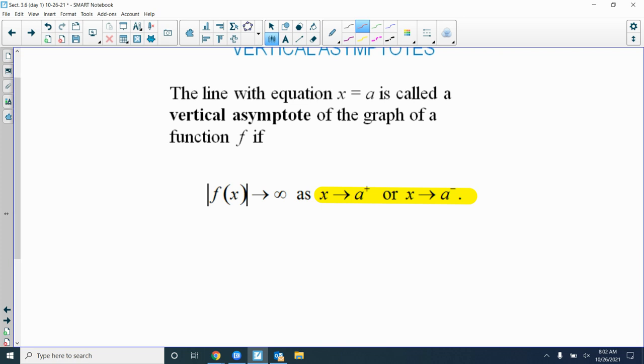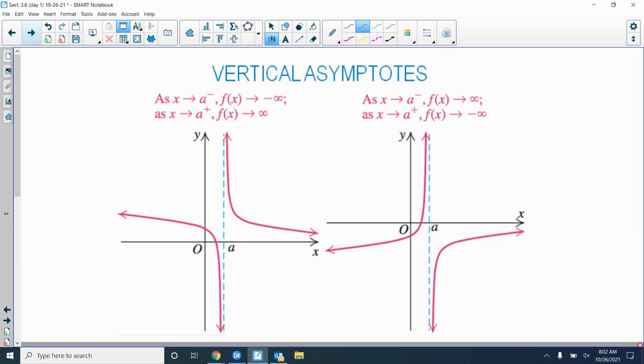So you might see it as: as x goes to a from the right, f of x can go to infinity, or as x goes to a from the left, f of x can go to negative infinity. I'll explain what this right and left means in the next slide. All right, here's kind of all your definition.